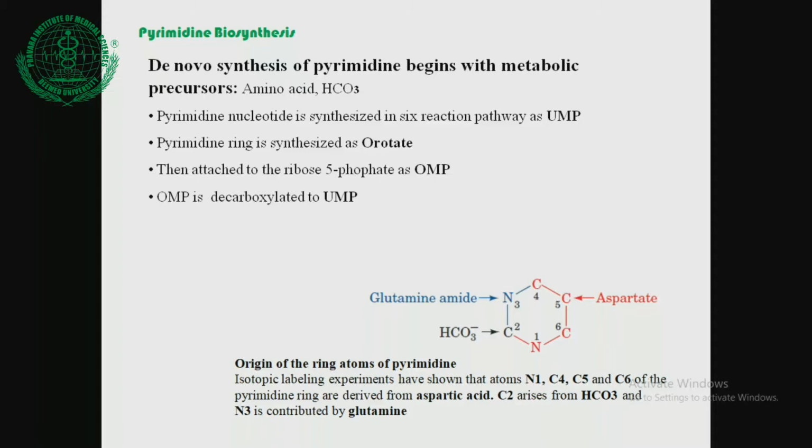Orotidine monophosphate is then decarboxylated, and that gives a canonical nucleotide called uridine monophosphate. Uridine monophosphate is further phosphorylated to uridine diphosphate, uridine triphosphate, and uridine triphosphate through amination gives cytidine triphosphate.